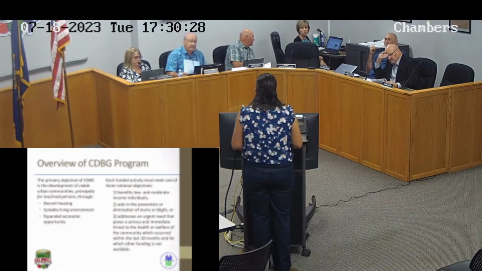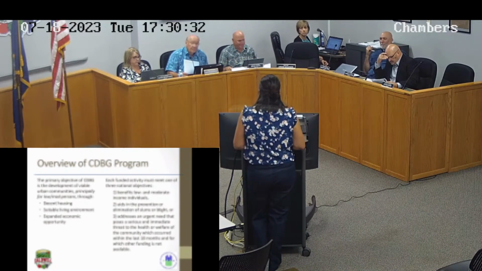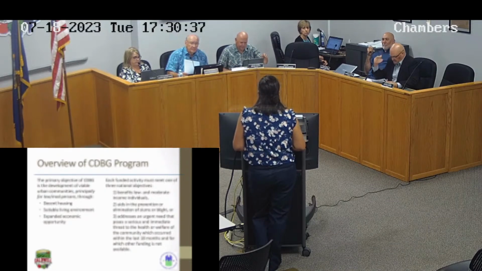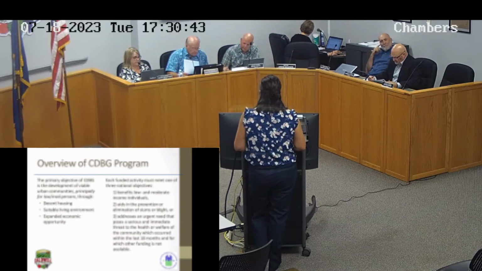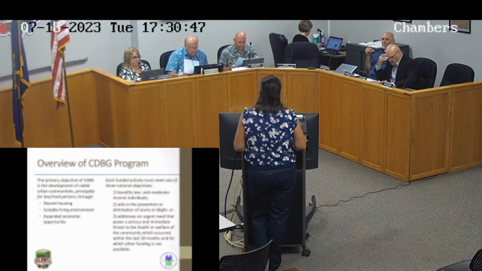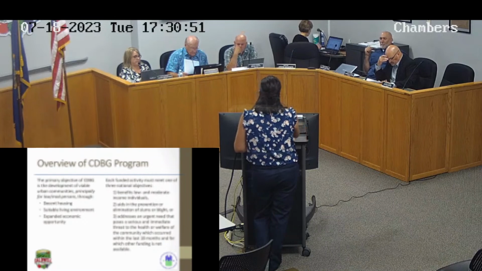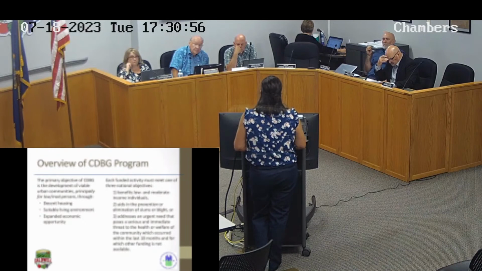To start, a brief overview of our CDBG program. The primary objective of the CDBG is the development of viable urban communities, principally for low and moderate persons. And we do this through decent housing, creating suitable living environment, and expanded economic opportunity. Each funded activity has to meet one of the three national objectives created by HUD.